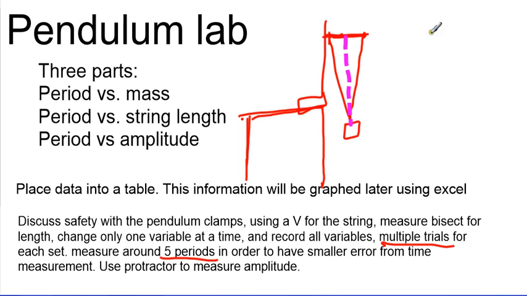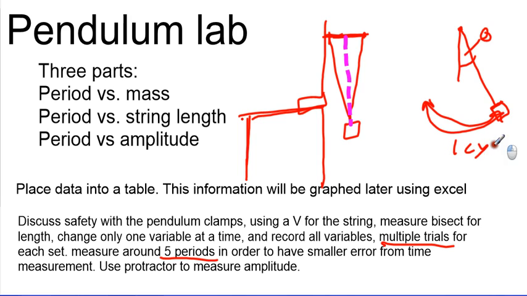And what that means is, if we look at this from a different perspective, so if this is our pivot point, so we're looking at this straight on, and let's say, for example, that you pull it back at this angle, so this is going to be your theta here. When it moves to this side, and then moves back to the original position, that is 1 cycle.